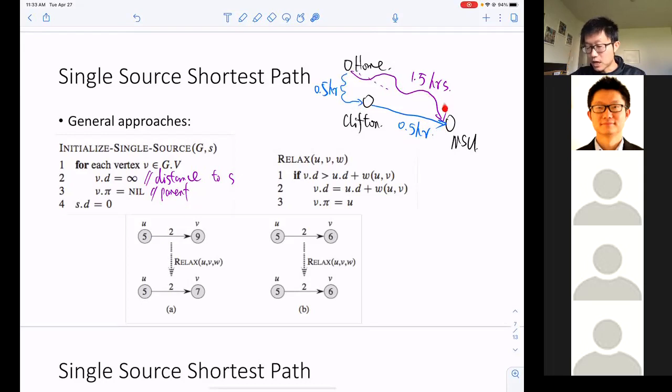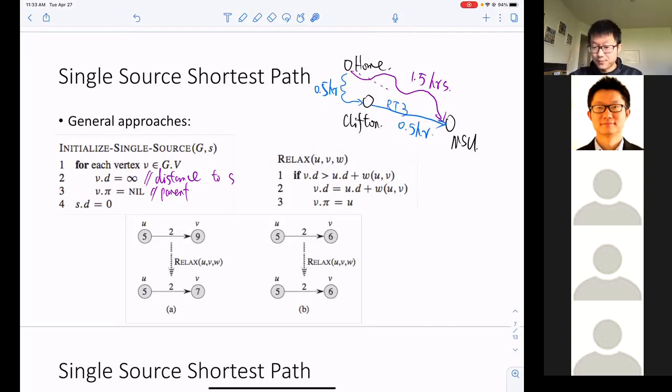Either you follow the purple route that takes you 1.5 hours, or you follow the blue route to go to Clifton and spend 0.5 hours, and then from Clifton you just follow Route 3, which directly connects Clifton to Montclair, and you need to spend another 0.5 hours on it. So which route do you want to follow? The Clifton route. Yes, we definitely prefer this route, right?